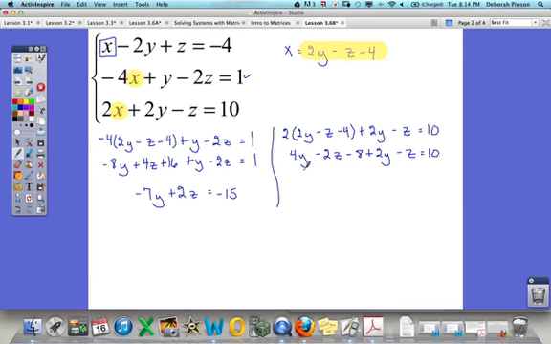And then combine anything that I can combine. So combine my y's, combine my z's, and move my 8 over. And then I'm going to write these as a system.